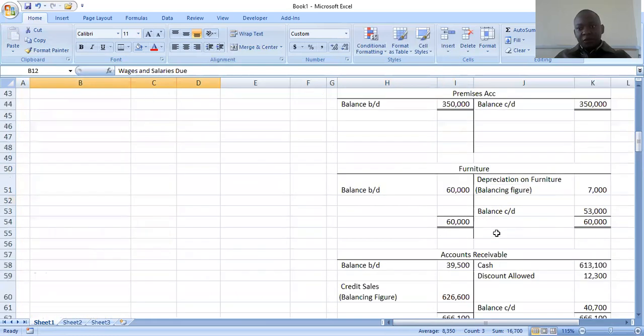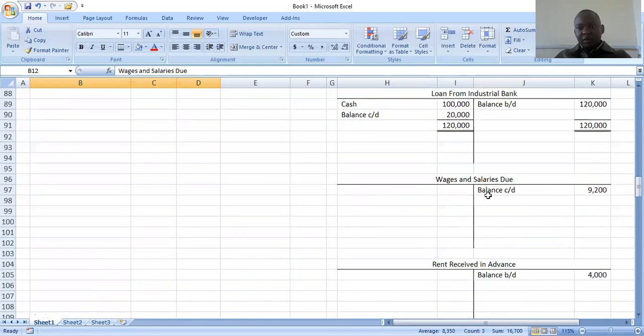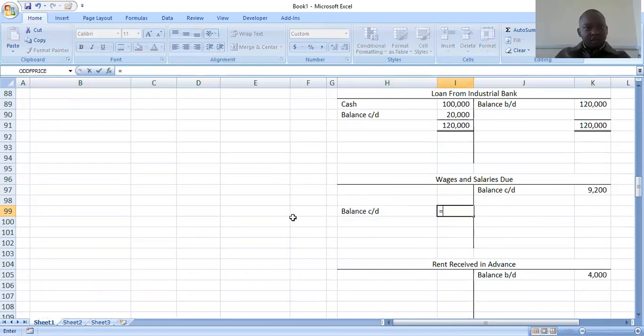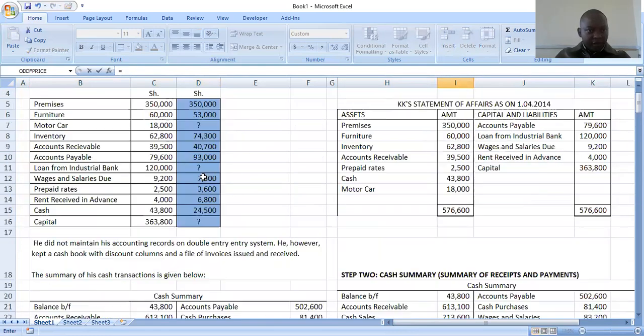So you have an account for wages and salaries due. Being a liability, wages and salaries due will always have a credit balance. So on the credit side, we have the balance carried down for wages and salaries due, and the amount, as in the question, is 7,500.